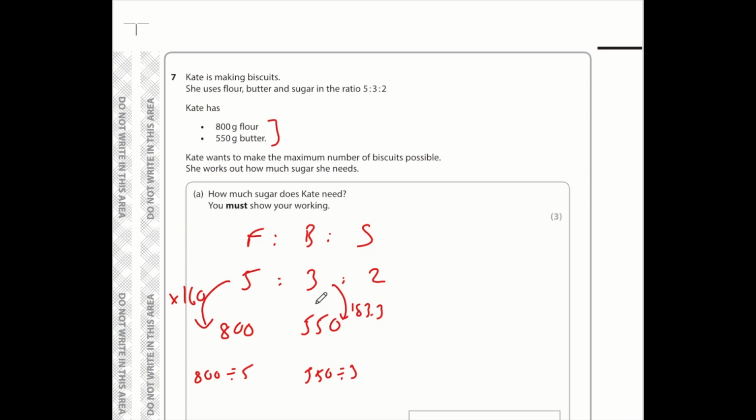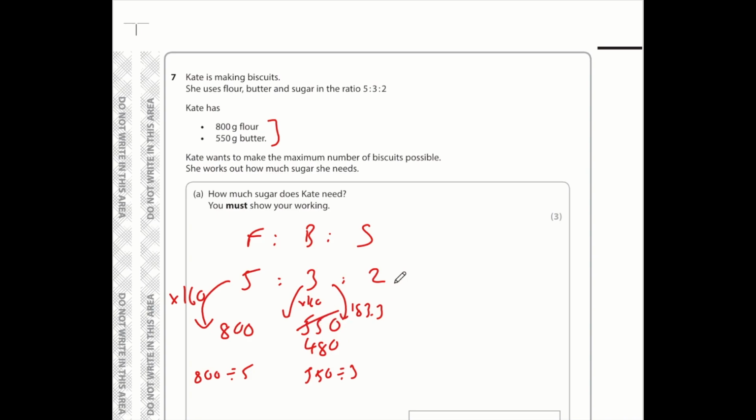So what this means is, if we're multiplying this number by 160, we should multiply the butter by 160 as well. Well, we don't need to do this calculation, but just to clarify what's going on here, that would mean we would need 480 grams of butter. So if we're using 800 grams of flour, we need 480 grams of butter. We've got more than that, so we're just going to have about 70 grams left over.